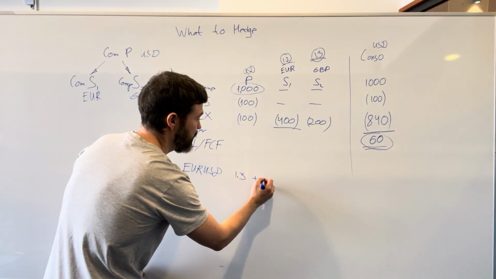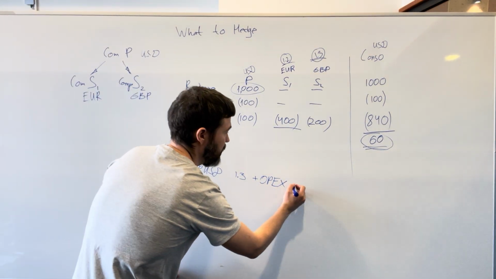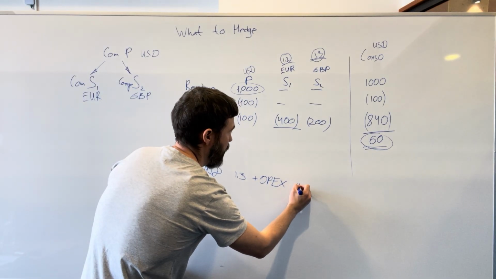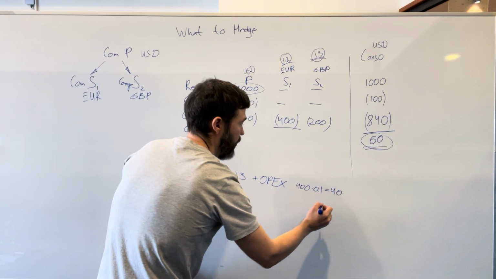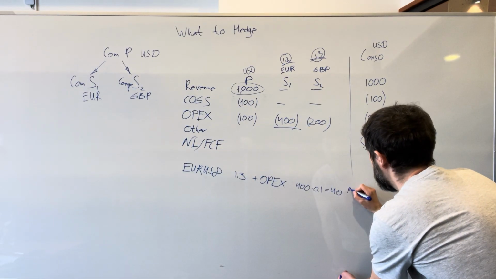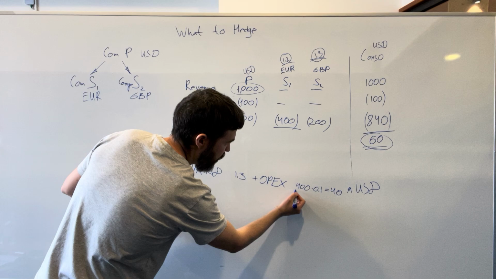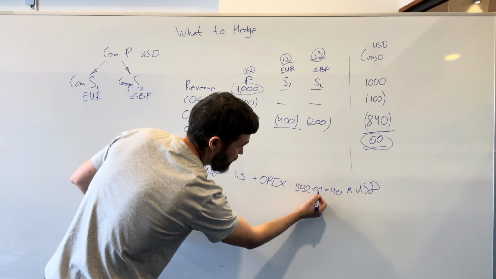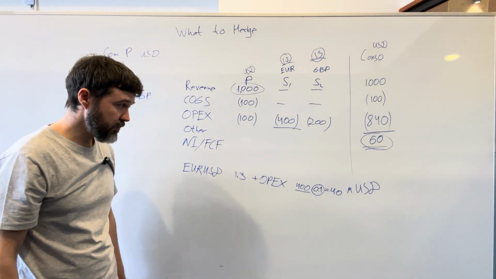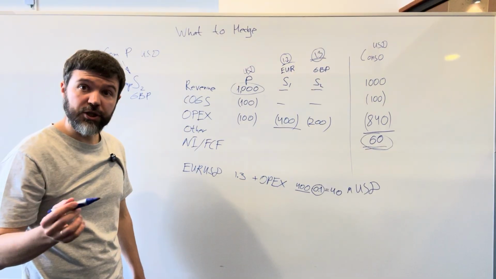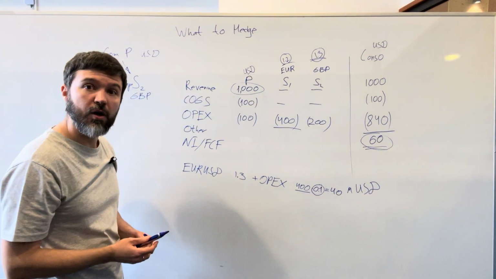So it adds to your OPEX additional 400 multiplied by 0.1, or $40 million, because we multiplied 400 million euros at the change of the rate. And that changes the whole picture. Now instead of 60 as a net income, you will have 20 as a net income.